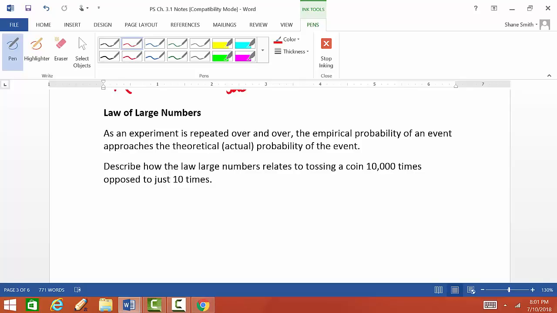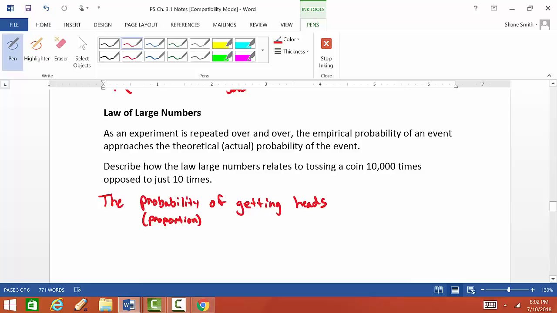So if you take tossing a coin 10,000 times as opposed to just tossing a coin 10 times, we would expect the probability, or I should really say the proportion, of getting heads, because if we're tossing a coin 10,000 times, we're talking about the empirical probability or proportion.